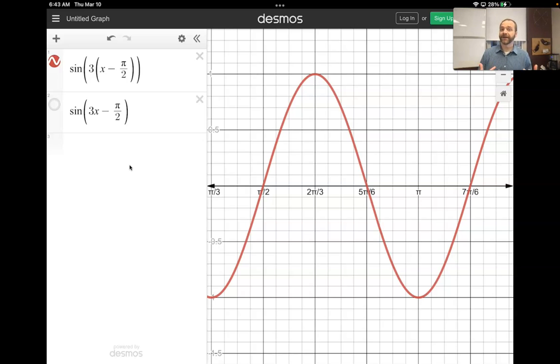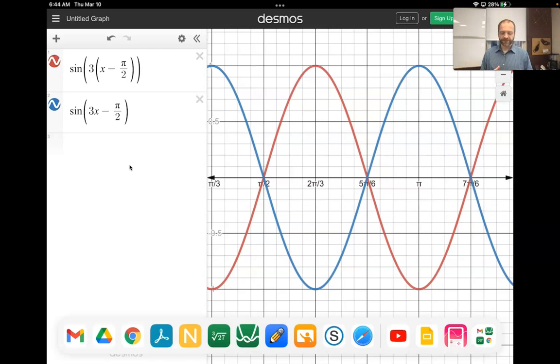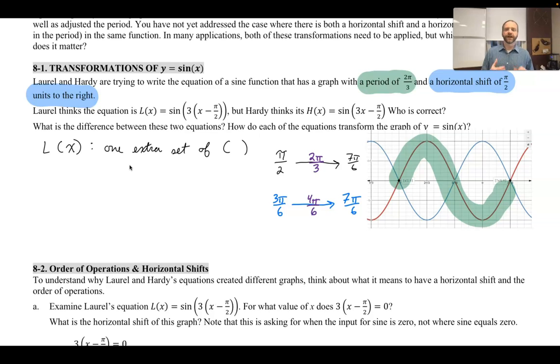Because it does matter. If you have one less set of parentheses, it gives you a completely different graph. And that's what we're focusing on here, trying to figure out what is the most important thing. And in this case, the good news is we know that L of x is the correct equation.